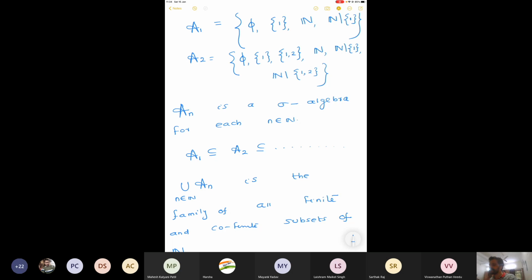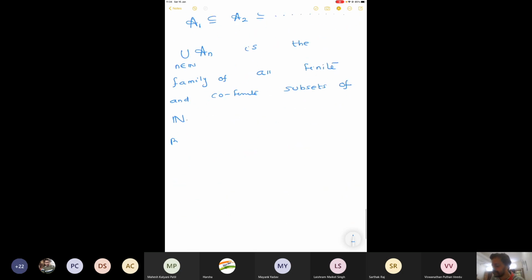But I claim that this union is not a sigma algebra. That's what we are going to do in the third problem. The union of AN is not a sigma algebra, and we are going to prove that in the third problem.